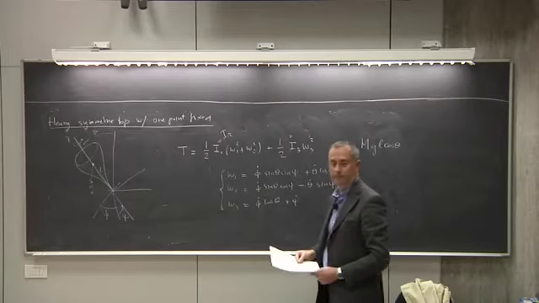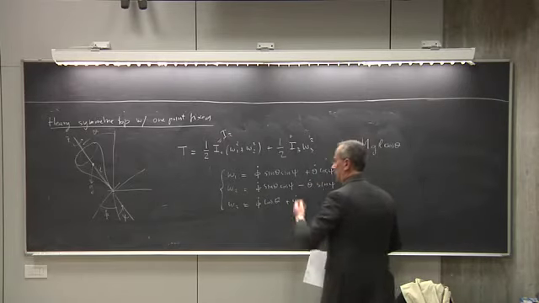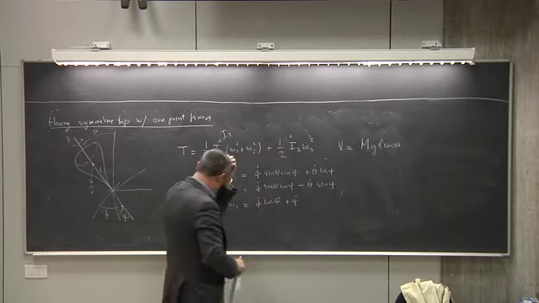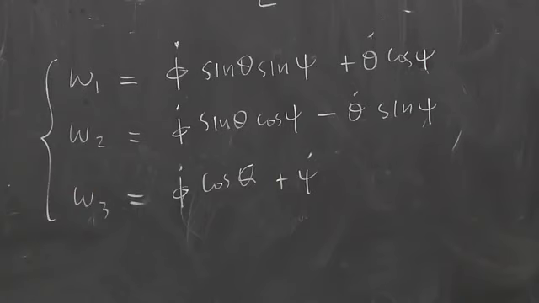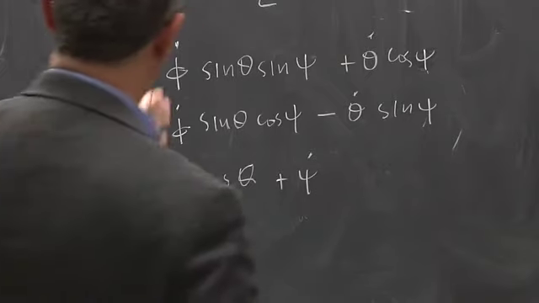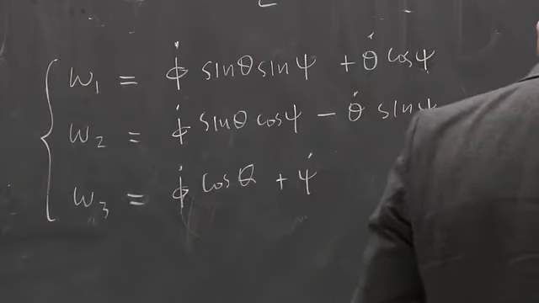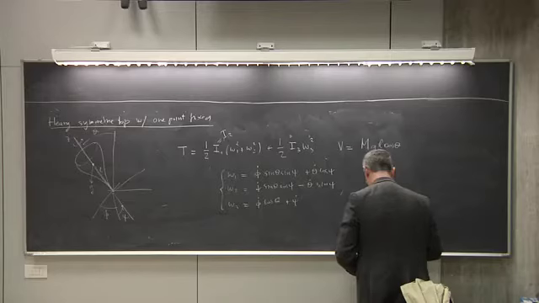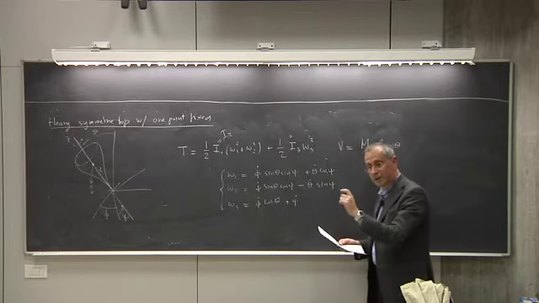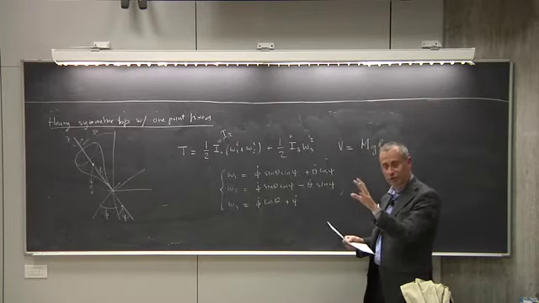Okay, so either you take this because I said it, or you read it off from any textbook of classical mechanics, or as I suggest in the exercise, you derive it by yourself. Just remember this A, B, C, remember those matrices.